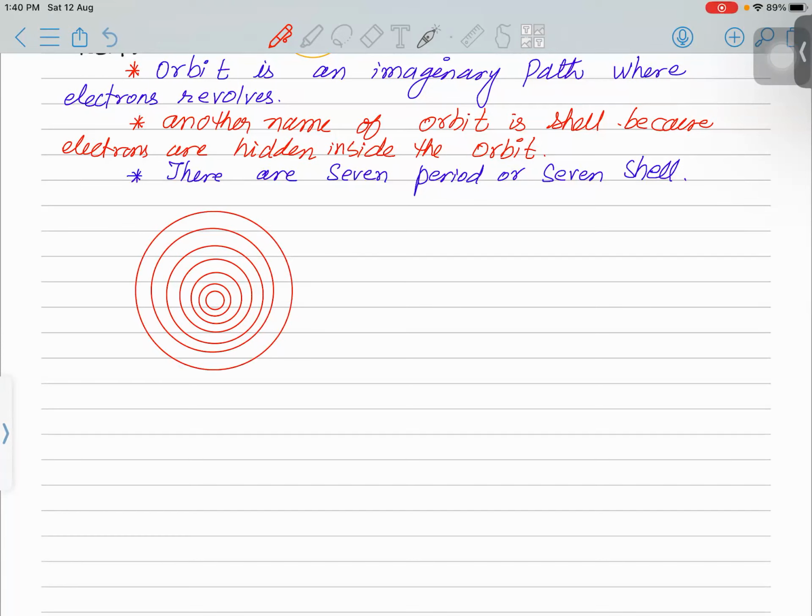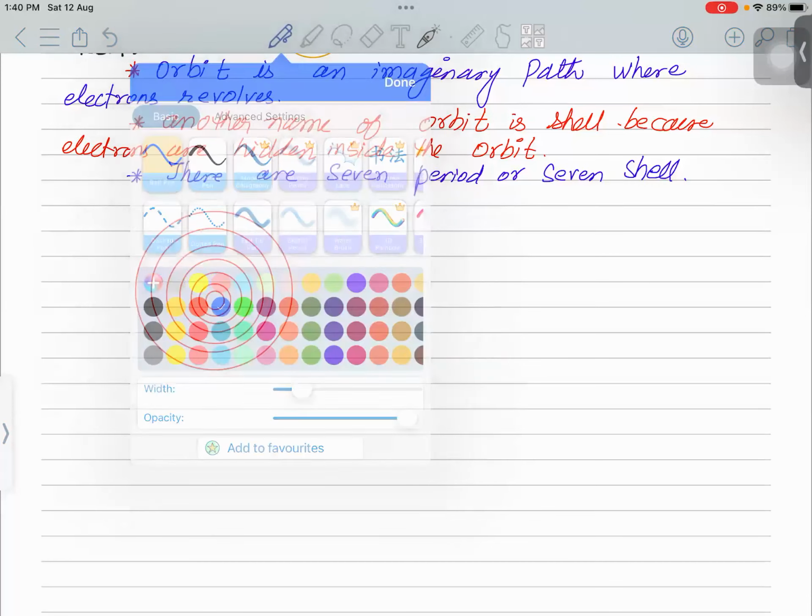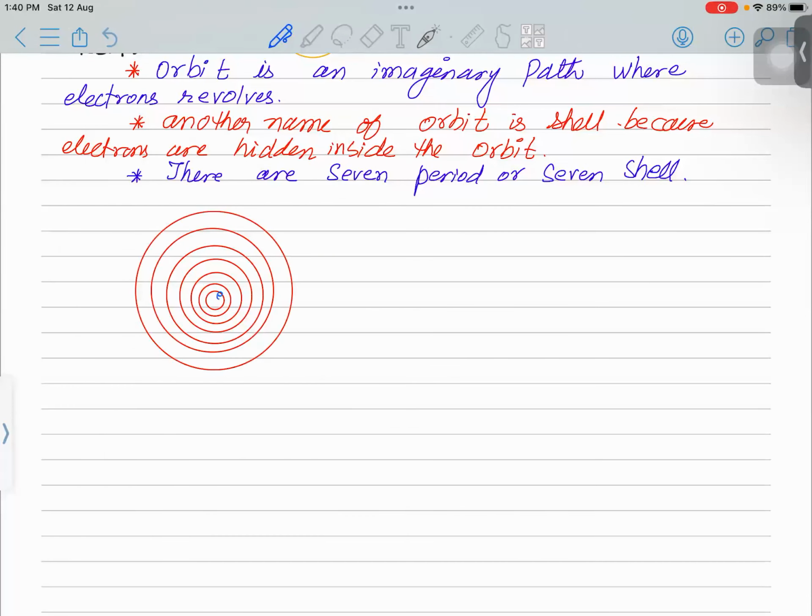All are imaginary, right? Let's suppose this is an electron. Always remember, each shell has specific energy. You know that you have 7 shells.